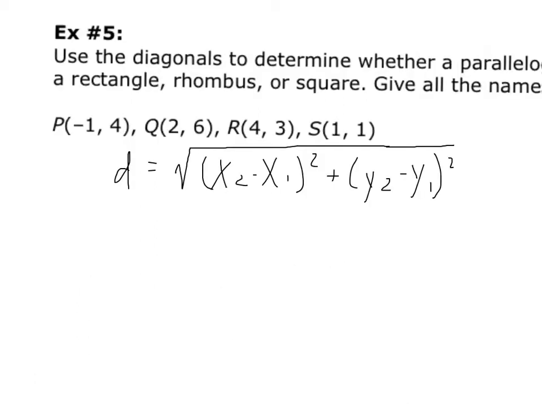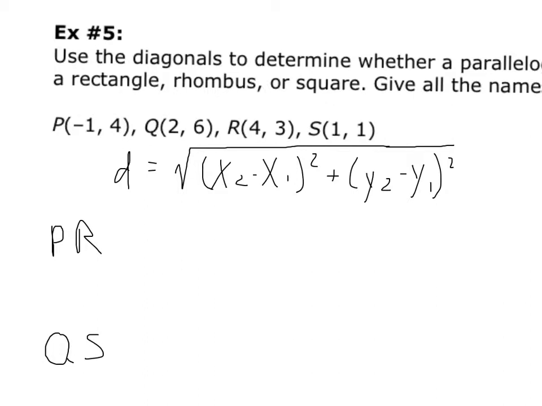So here is your distance formula. D equals the square root of x2 minus x1 squared plus y2 minus y1 squared. We need to find two pieces. We need to find PR and we need to find QS. We're just going to plug in our ordered pair information.